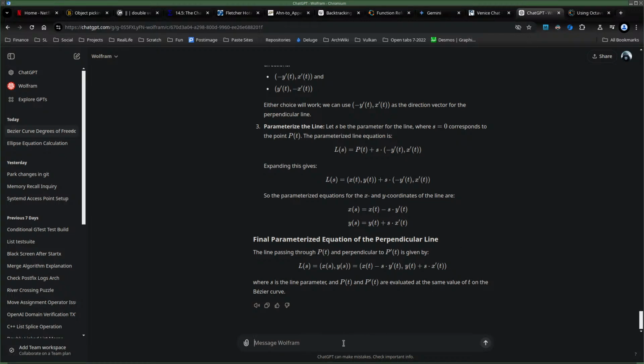Okay, let's see. Surely you know the formula. A formula, the formula, a formula for the shortest distance between a line and a point.